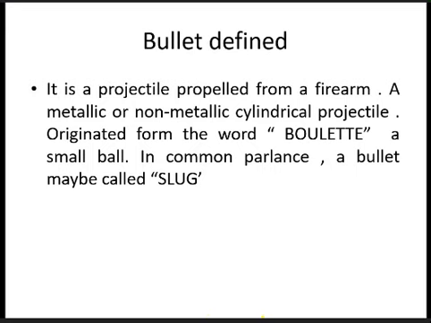Bullet. Again, the definition of bullet: that is a projectile. A profiled projectile for firearms, a metallic or non-metallic cylindrical projectile, originated from the word bulle, which means a small bull. In common parlance, a bullet may be called what we call a slug.